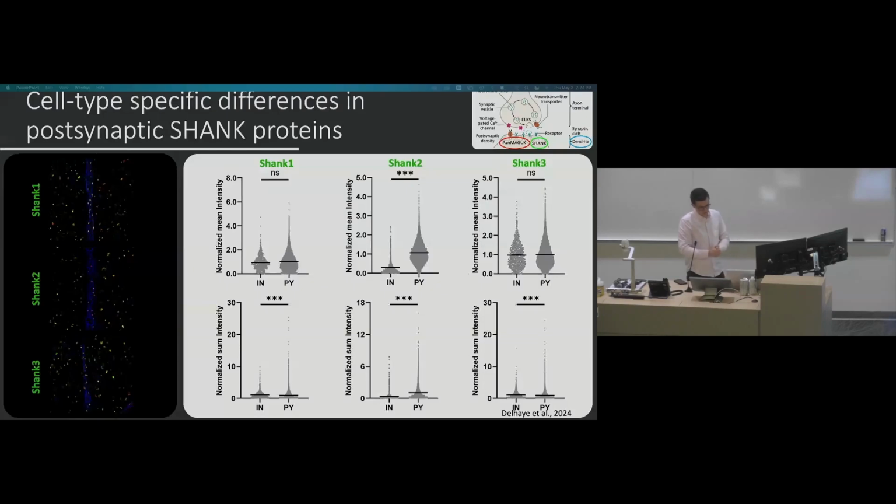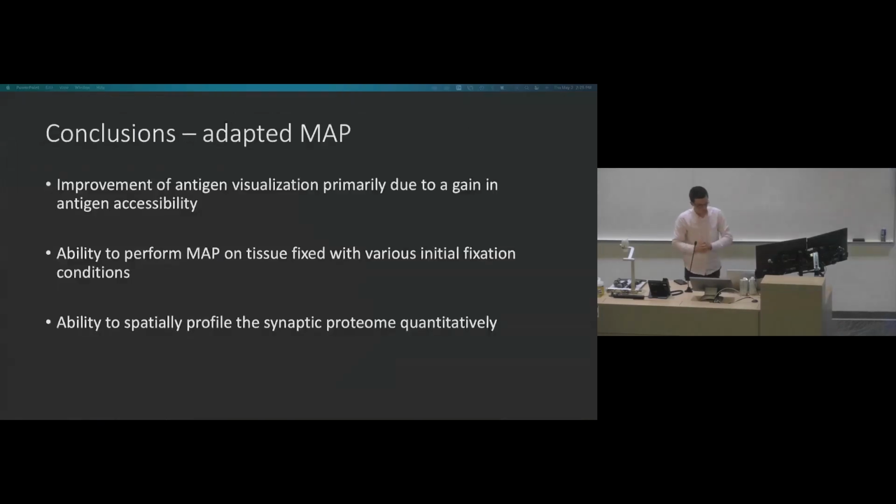So here we show the ability of MAP to quantitatively map the profile of the synaptic content on synapses made on different cell types. To conclude, we could see that there is an improvement in antigen visualization, which is primarily due to a gain in antigen accessibility, and the physical magnification brings just more detail into the visualization of the distribution within synapses.